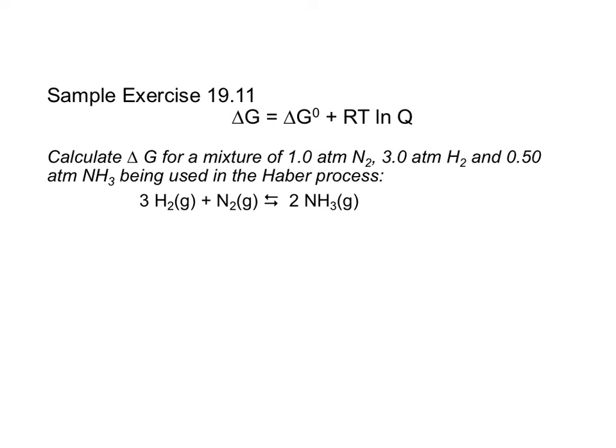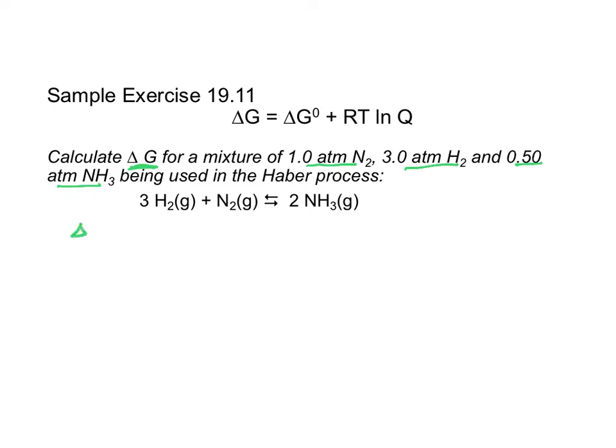So sample exercise 19.11 has you walk through an example of using this equation. It says calculate the delta G, the term on the left. They give you a mixture of nitrogen, hydrogen, and ammonia. You do not know if it is at standard state. You do not know if it is at equilibrium. So what you do is you check it out.